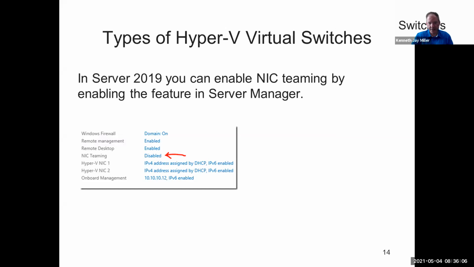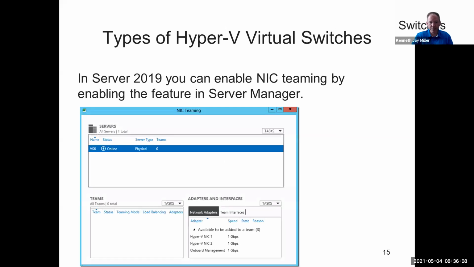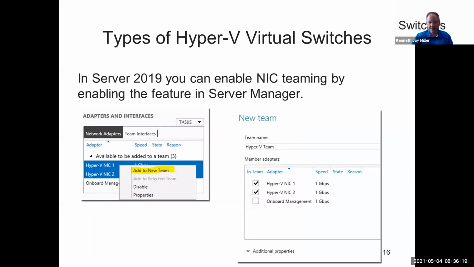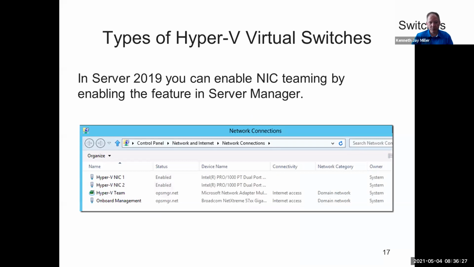So we just click on the disabled, then we enable it, and it will give us the options of selecting what network adapters. Then we select them, add to new team. So we select both of those virtual, add to new team, boom, boom, done. And now our switch will have a 2 gigabyte Hyper-V team, whatever we labeled it.